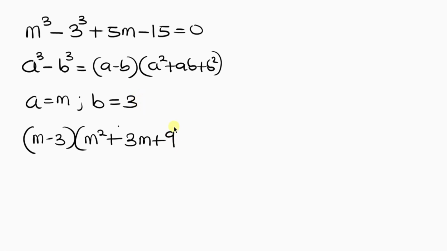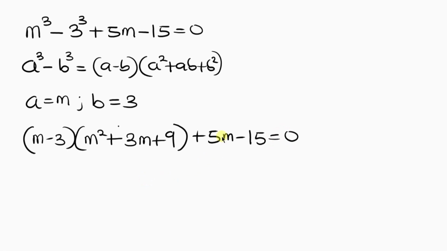Very good. Close brackets. So I have been able to write this in this form, the property of difference of two cubes. So continue, plus 5m minus 15 equal to 0.